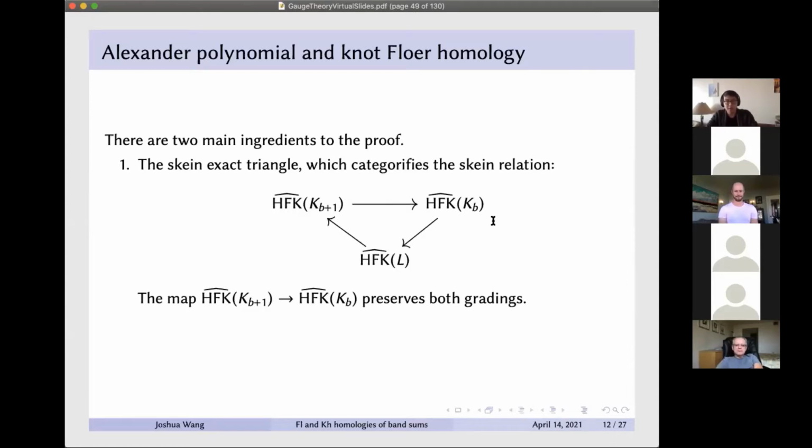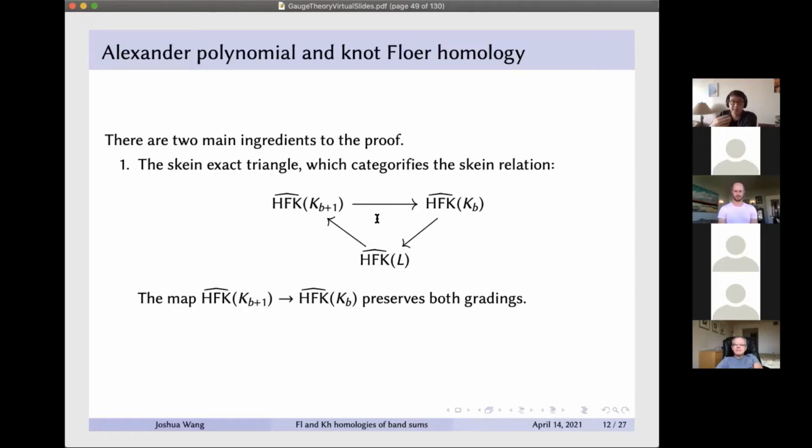And so one argument you might try, which it turns out not to work, but it's a nice argument, is that we know that at the decategorified level, the invariant of L is 0. The Alexander polynomial of the split link is 0. So maybe, what if at the categorified level, this invariant were still 0? Well, by exactness of the triangle, that means that the top arrow is an isomorphism.